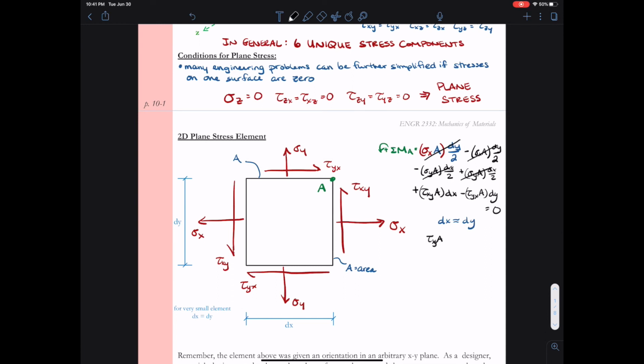If we say that dx equals dy because we're dealing with a square element of very small size, then we can cancel out the areas, and dx and dy, and we're left with the fact that tau xy has to equal tau yx. So this is a relatively simple proof of showing how those shear stresses on adjacent surfaces have to be equal to one another in magnitude. So hopefully that was helpful.